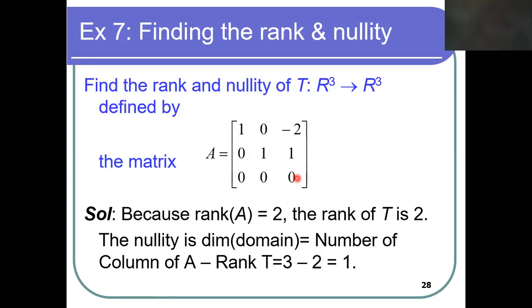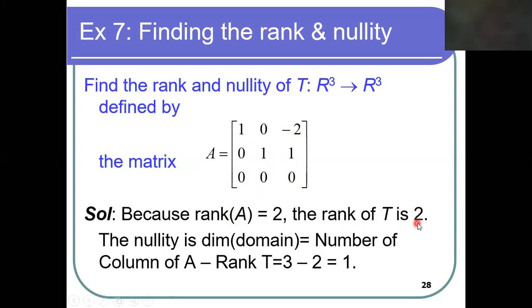So the nullity of this transformation is 1, and the rank of this transformation is 2. The rank is the number of non-zero rows in echelon or reduced echelon form of the matrix, so it is 2, so the rank of A is 2.